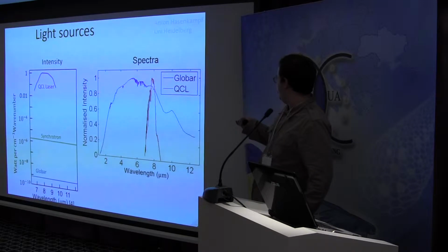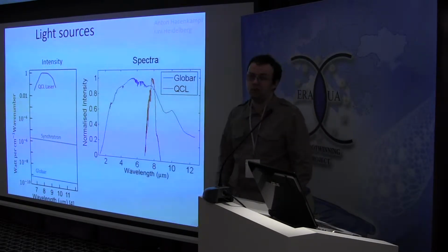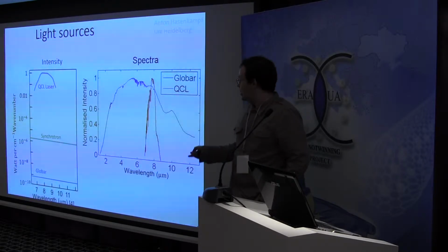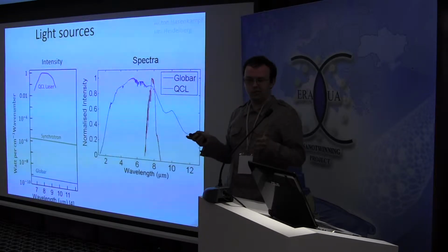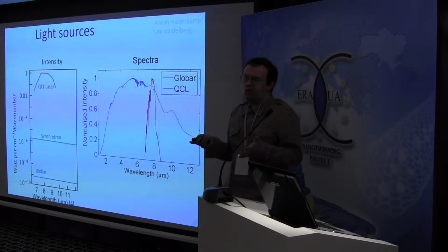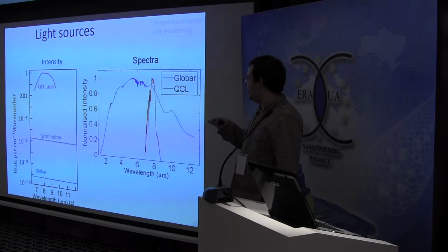And the spectrum of the globar is going, in our case I think, from 600 to 10 or 12 micrometers. It depends how you measure it. The reason why the globar has this huge broad spectrum is that it is a black body radiator like the sun, and our QCL isn't.